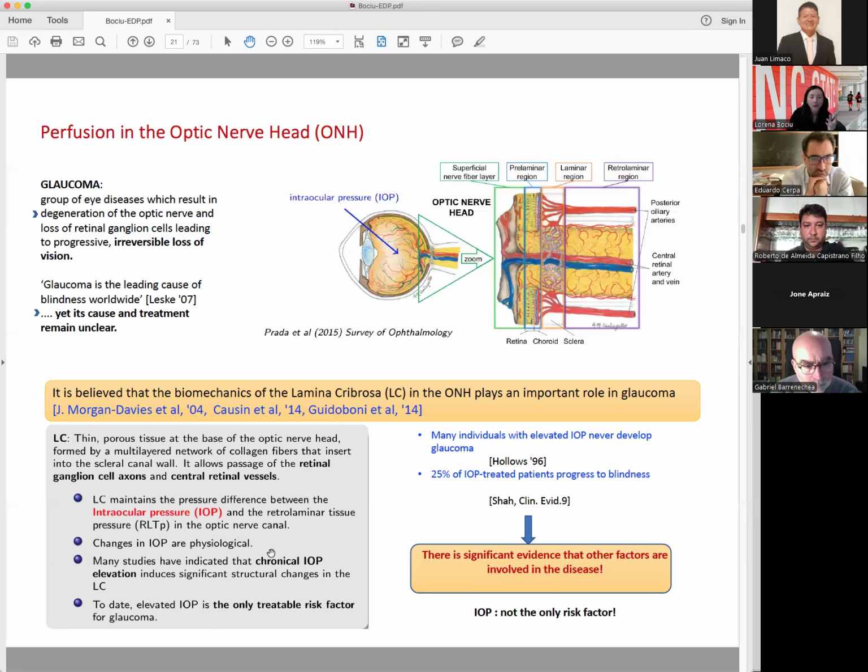But as I said before, the only thing that currently they can treat is elevated intraocular pressure, because it's believed that somehow that messes up the biomechanics of this tissue, right? And they do that either by using eye drops, or if those don't work, then you can do some type of laser surgery where they drill some holes to release some of this pressure, okay?